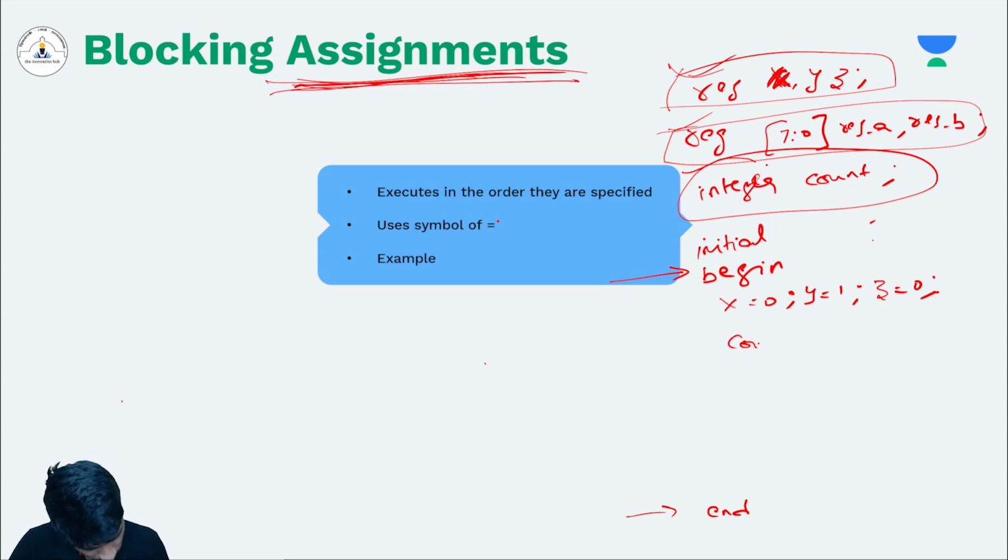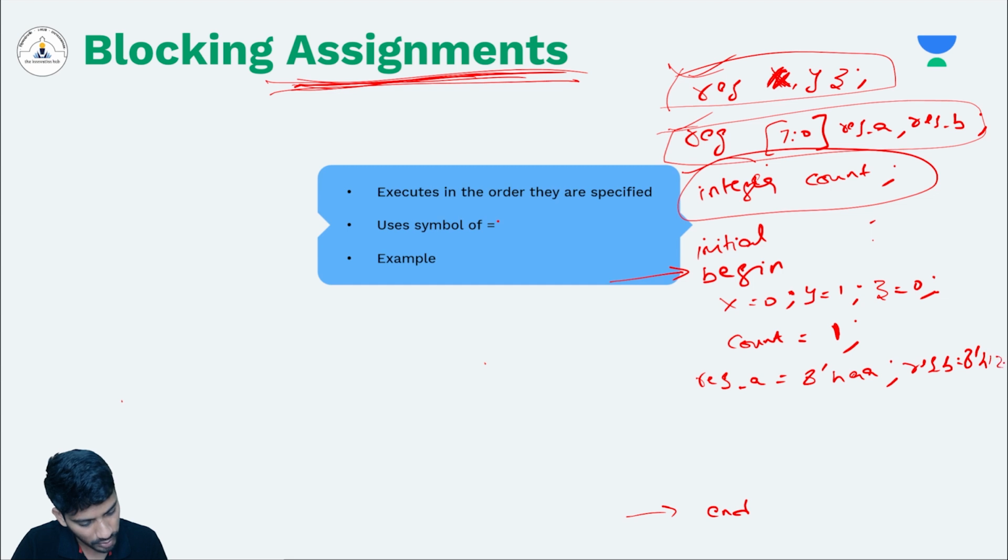Then initially I assign count is equal to 1. Then register A is equal to the 8-bit hexadecimal AA, and register B is equal to the 8-bit hexadecimal 12. So I have assigned all the data types till now.